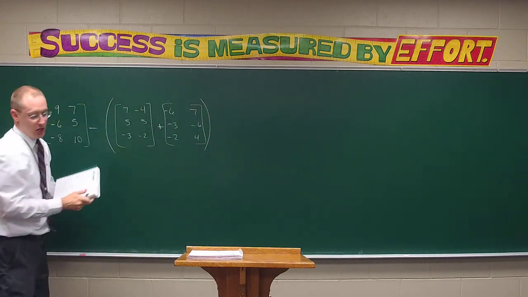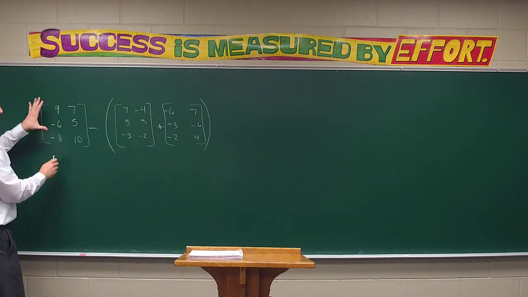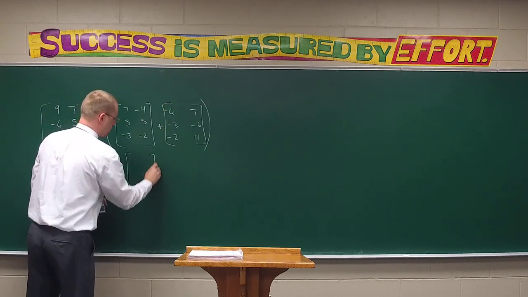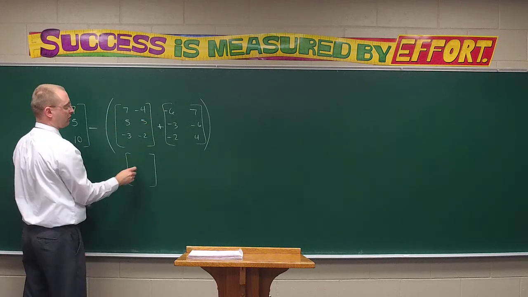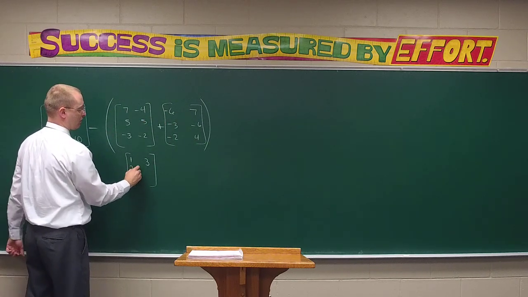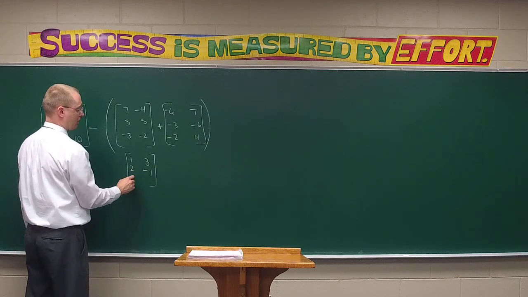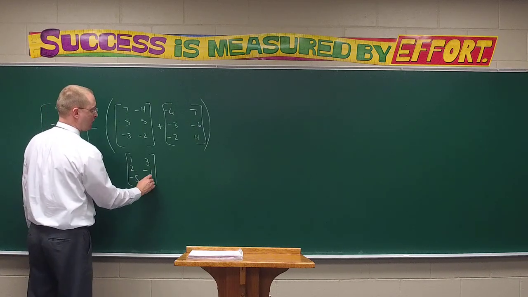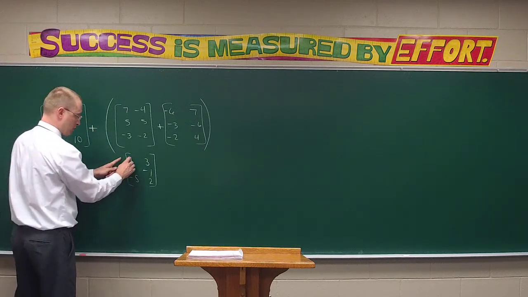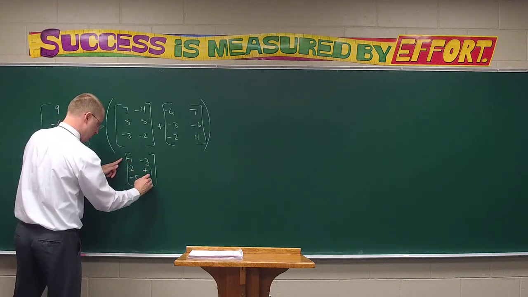And so we need to add here first. Kendall, let's ignore this for just a moment. Let's just get this sum matrix right here. 1, 3, 2, -1, -5, 2. There we go. But again, it says subtract, so we're going to change that to adding, and we're going to take the inverse of everything that Kendall said.